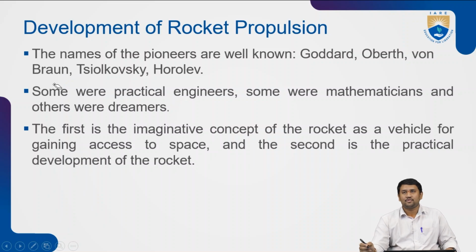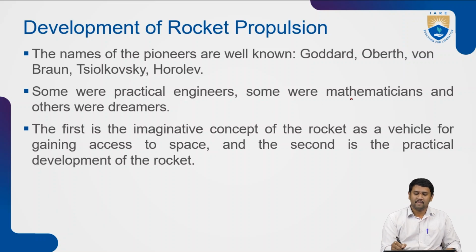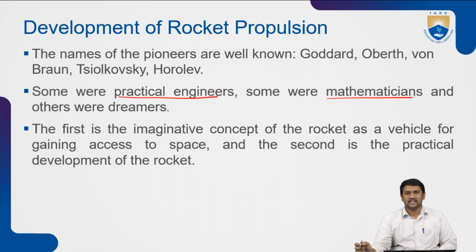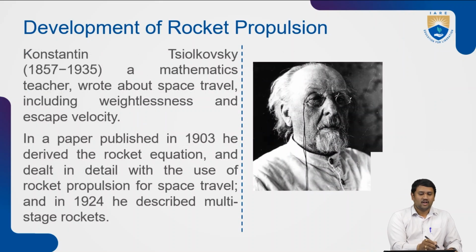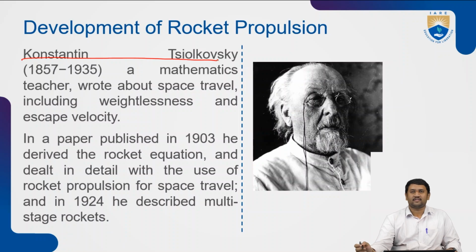Among these, two scientists developed the theory as mathematicians, and others developed it as practical engineers by experimenting. First is Konstantin Tsiolkovsky. He was a mathematician who wrote about space travel, including weightlessness and the escape velocity of Earth.